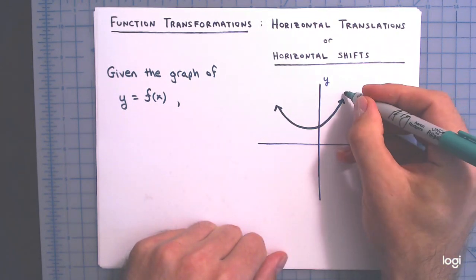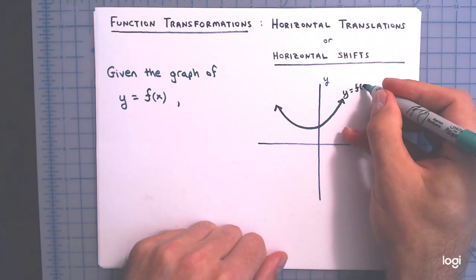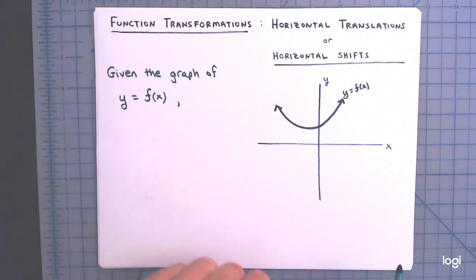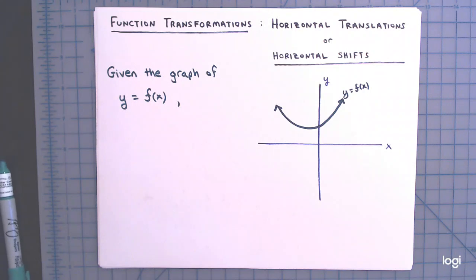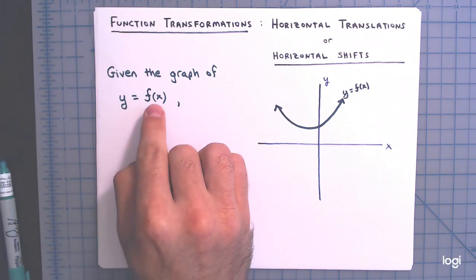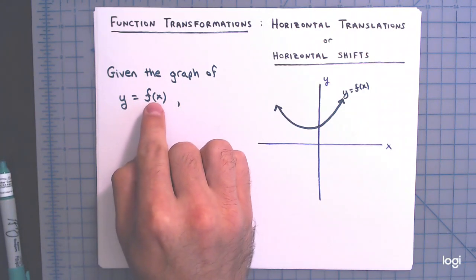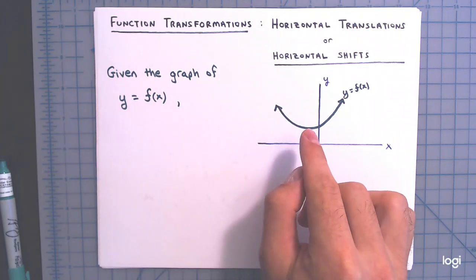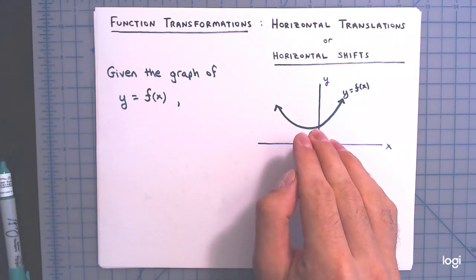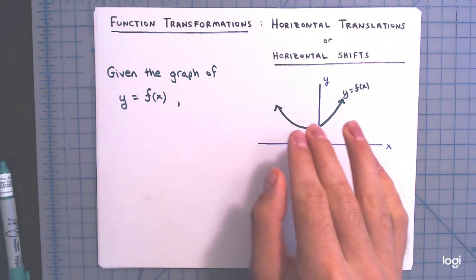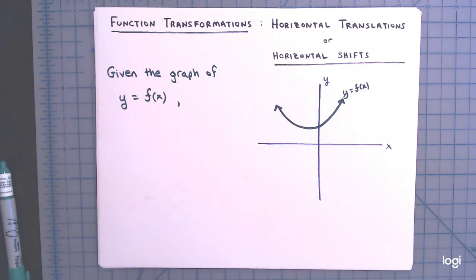There's the graph of y equals f of x, say. Then with a very simple change to the expression, we're going to be able to make a new equation whose graph is simply the old graph, just moved left or right so many units.